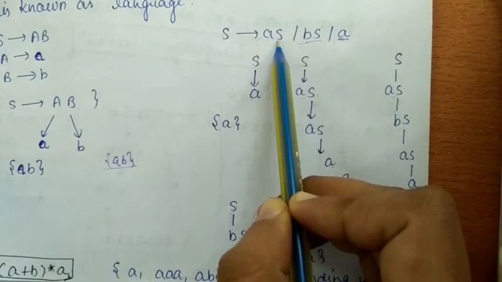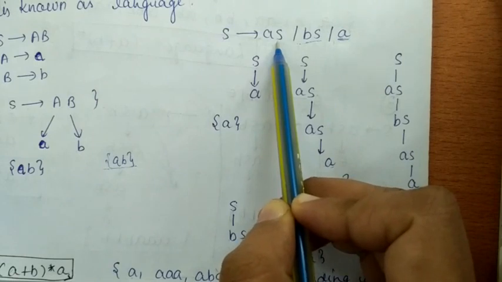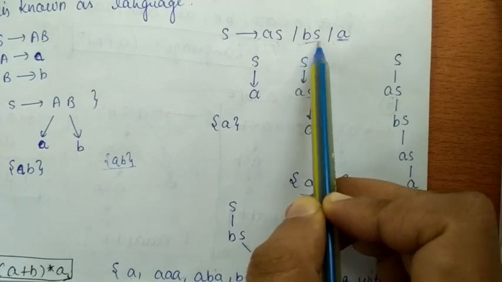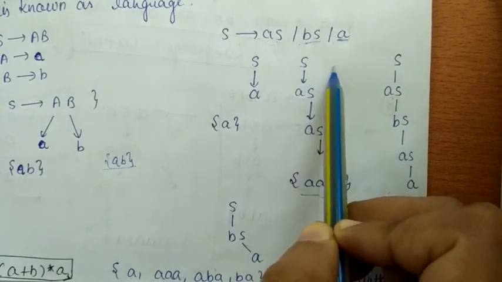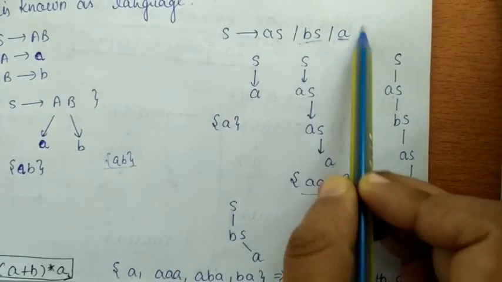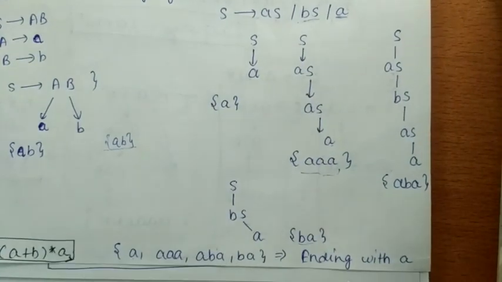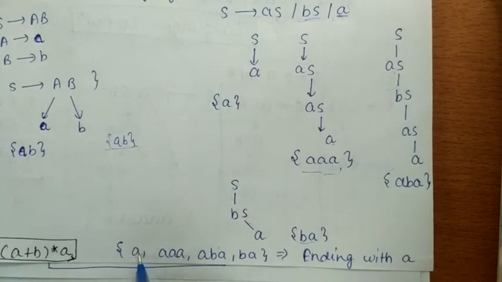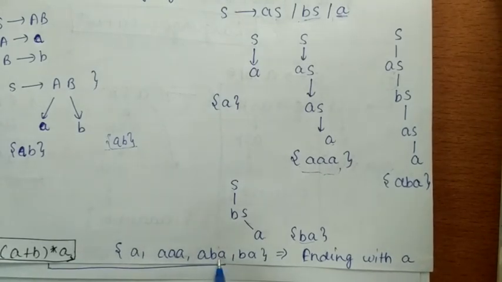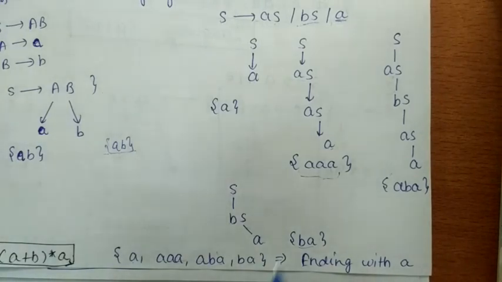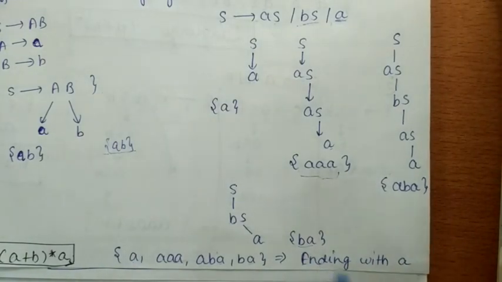If we have this production, at last we will get a. Means this grammar is generating a language whose strings end with a. So this is the grammar for a language which ends with a.